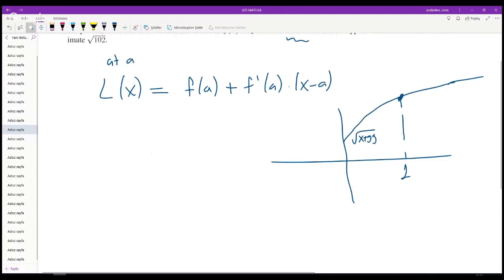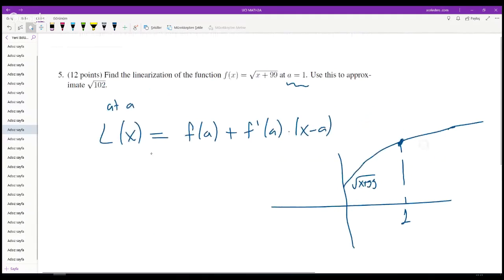Let's say that this is the point where I have f(1), square root of 1 plus 99, that is square root of 100, and here this is the point I would like to reach. Let's magnify that. Here is the function. This is the point I know, and this is the point I would like to reach.